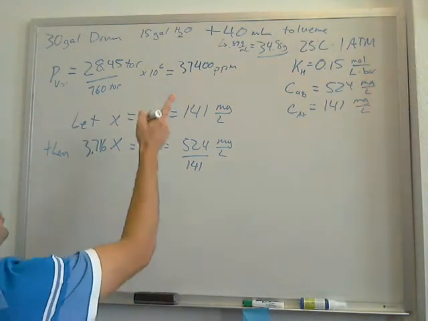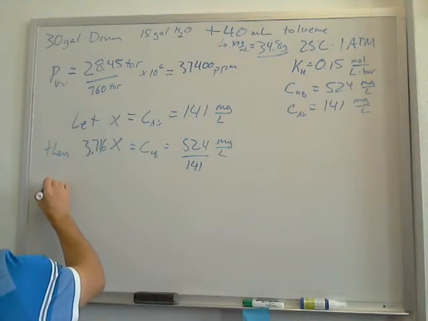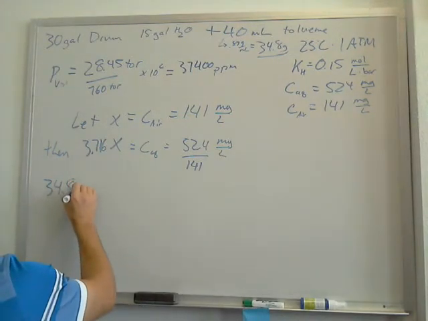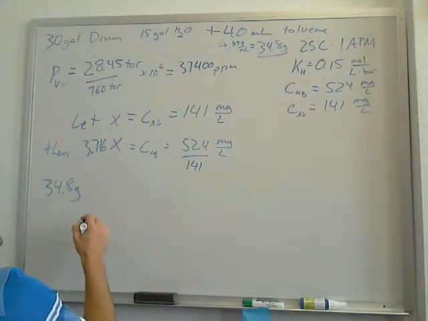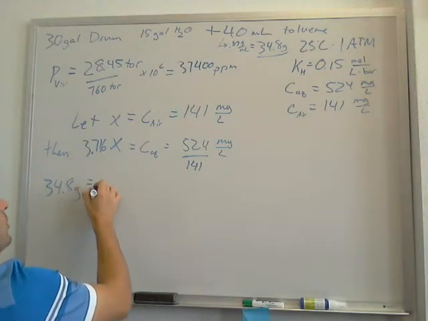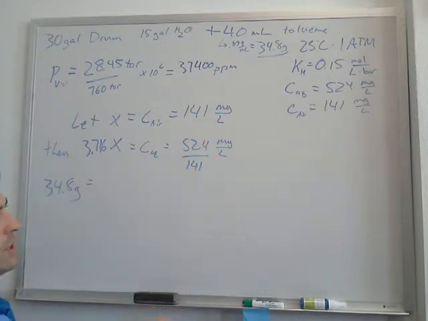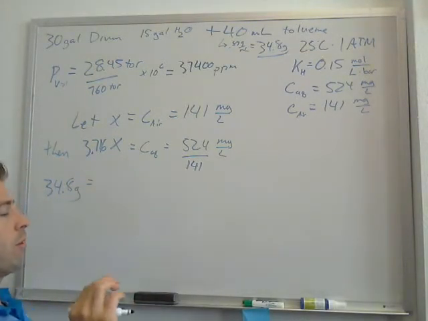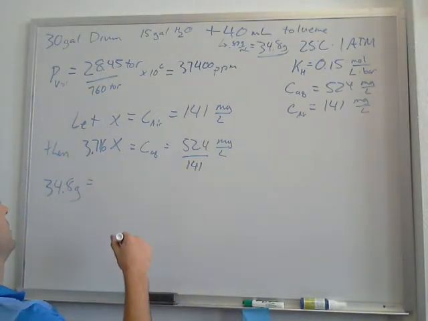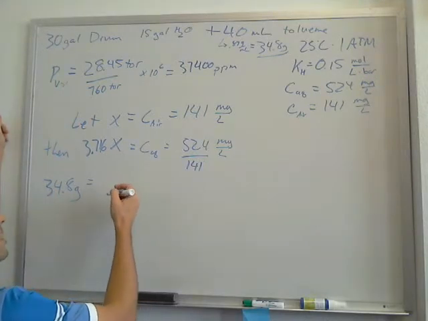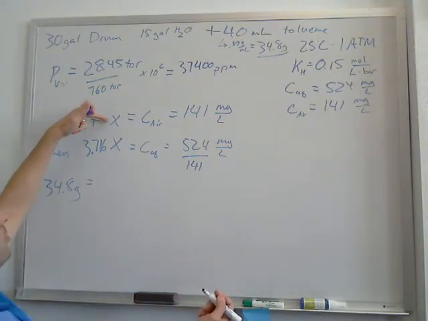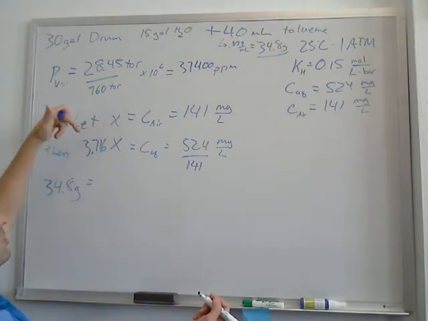And we know that we input a certain mass of 34.8 grams. And that is going to partition into the vapor phase and into the aqueous phase with none left behind as a pure substance. No liquid toluene will be left behind. It will all evaporate or dissolve into the water. And it's going to do so according to this relationship.